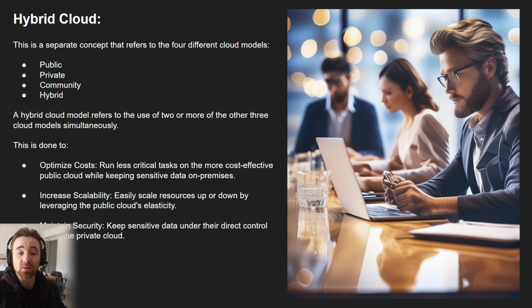You've paid for the hardware, you own it, but everything that isn't super private, you might want to be more economical and get a better deal in terms of how much money you're spending and put that on a public cloud, because that's going to be a lot cheaper for you. So that would be an example, but we'll go more in depth into those three in a future video, but I've also done it in past videos as well.